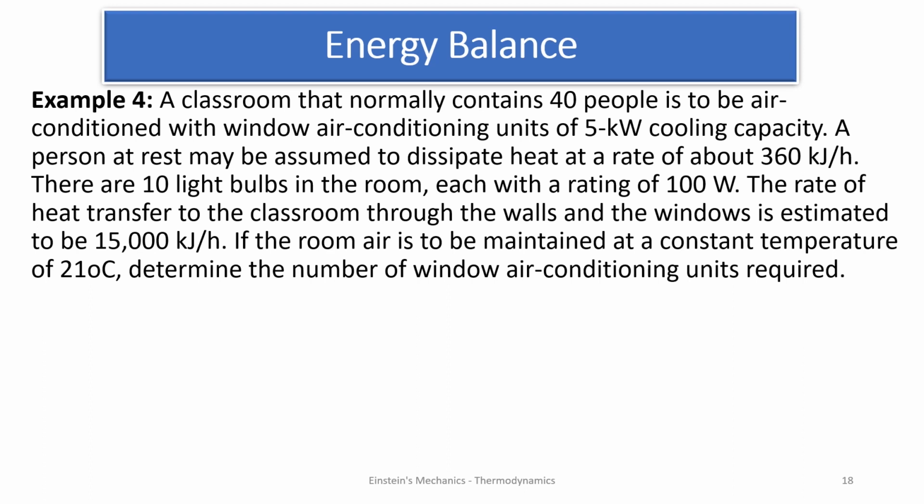Now, a classroom that normally contains 40 people is to be air conditioned with window air conditioning units of 5 kilowatts. So we want to buy an air conditioner for a classroom, but it is rated 5 kilowatts. A person at rest may be assumed to dissipate heat at a rate of 360 kilojoule per hour. So per hour, each person is dissipating 360 kilojoule of heat energy.